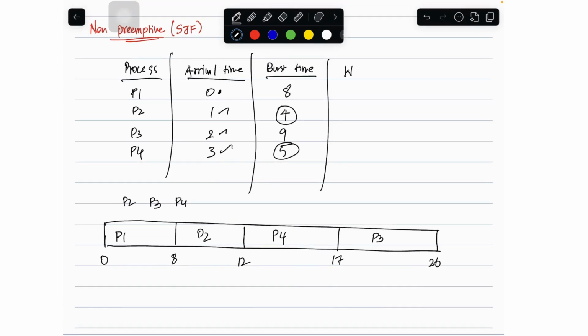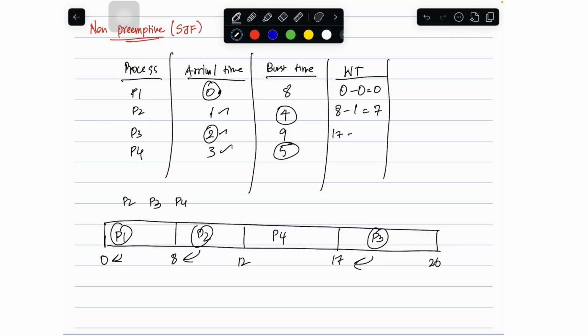Now the waiting time. The process P1 didn't wait for anything, so 0, and the arrival time is also 0, so 0. Process P2 has to wait for 8 units of time, and the arrival time is 1, so 7. Process P3 has to wait for 17 units of time. It arrived at 2, so 15.